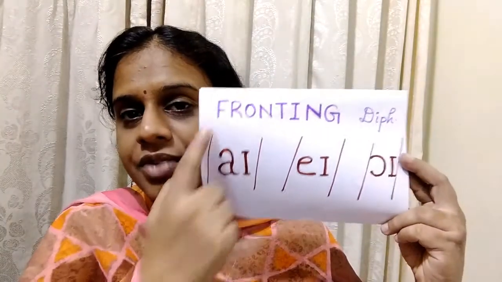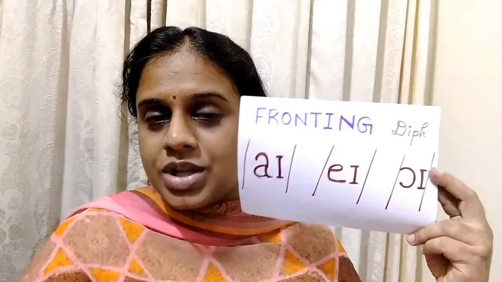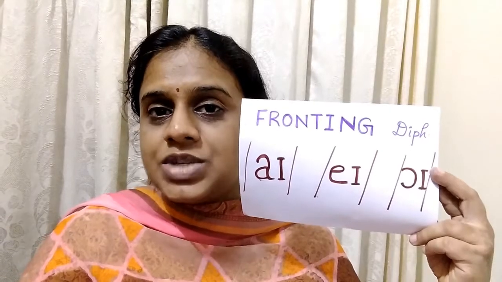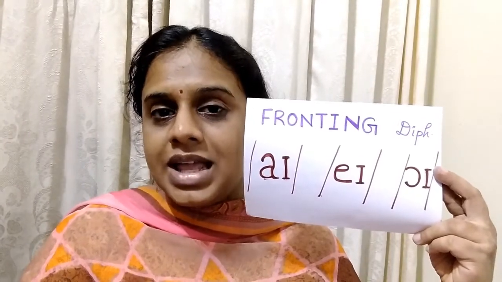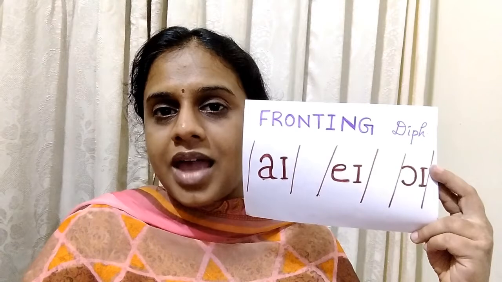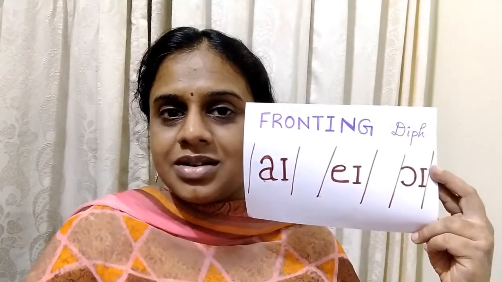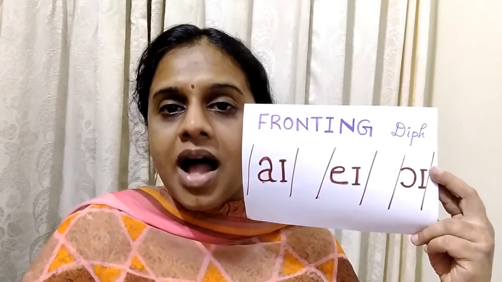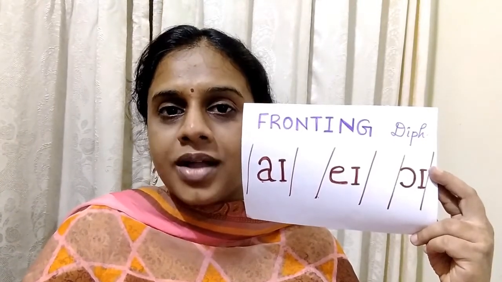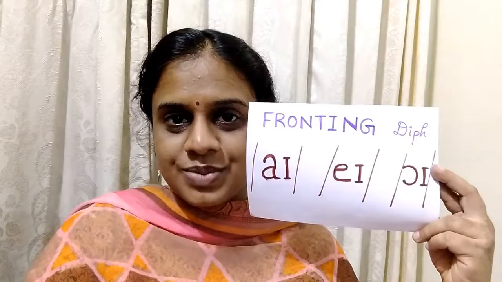Because the tongue is moving towards the front vowel E. So this should be kept in mind. Fronting diphthongs are those in which the tongue moves or glides towards the position of the front vowel E. I, A and I. You can feel the position of the tongue or the tongue movement. I, A and I. All these are fronting diphthongs.